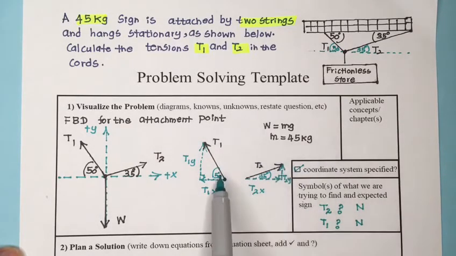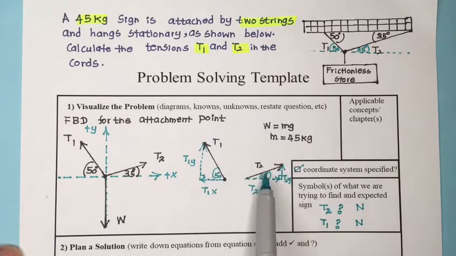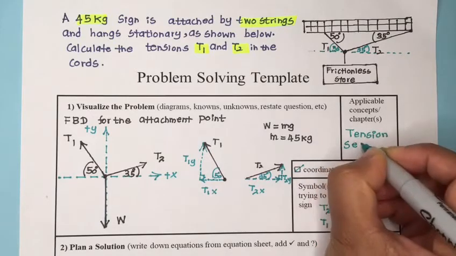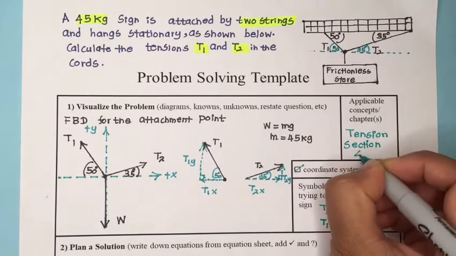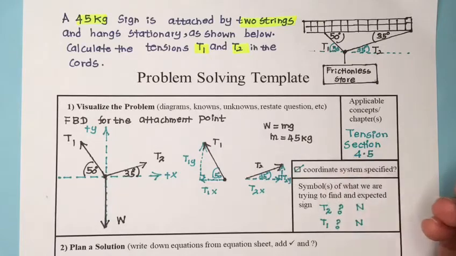So the positive or negative sign is not a clear way to indicate the direction for the tension force. The direction is indicated in the diagram using angles. Now let's see the applicable concepts. This is section 4.5 in your textbook.